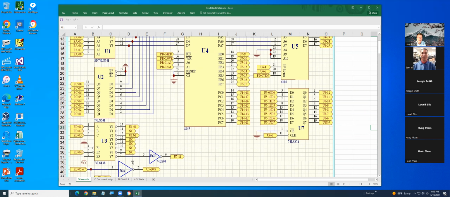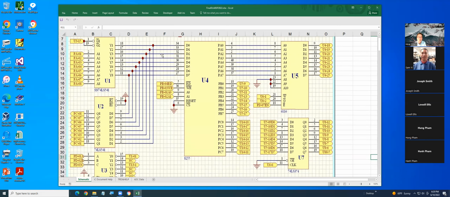Only thing is, 74139, they divide into 2 ICs. They combine into 1 IC. Depending on ABC, only one output will be low. And now, this is 8-bit for U4, D0, D1, D2, D7.